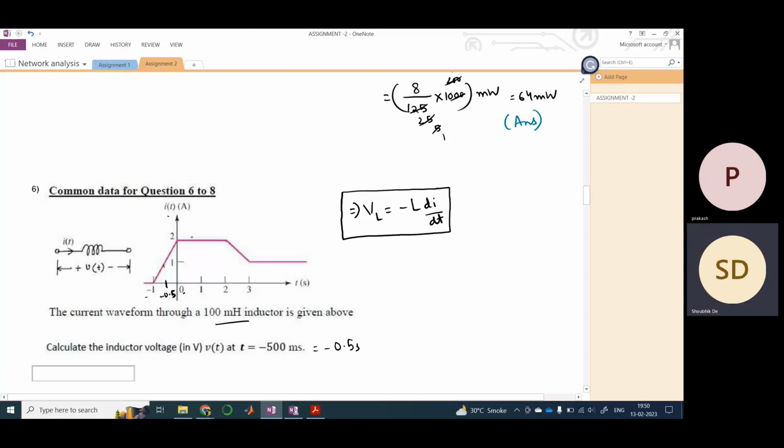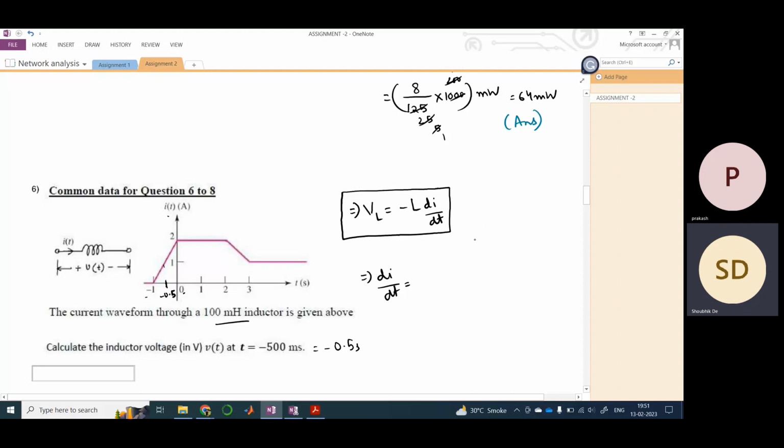The slope at, let's say, minus 0.7 second would be the same as at minus 0.1 second, because this is a linear line, and in a linear line, increasing or decreasing, we expect the slope to remain constant. This is the basic funda.